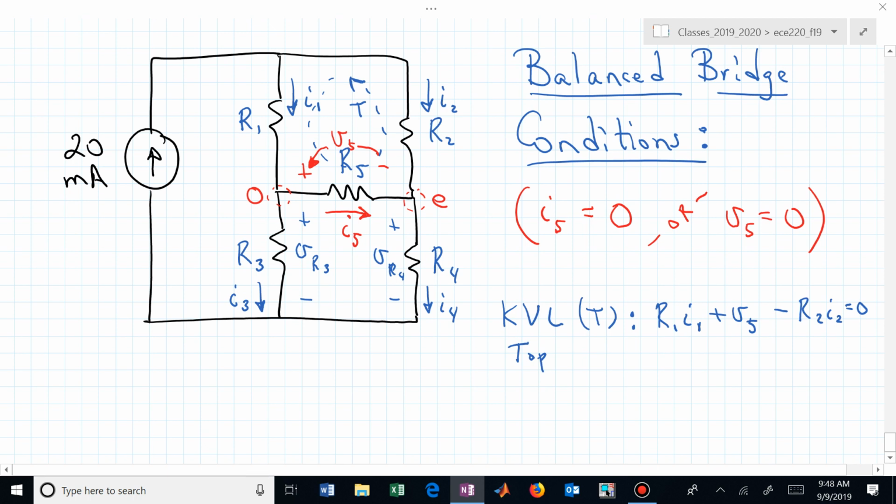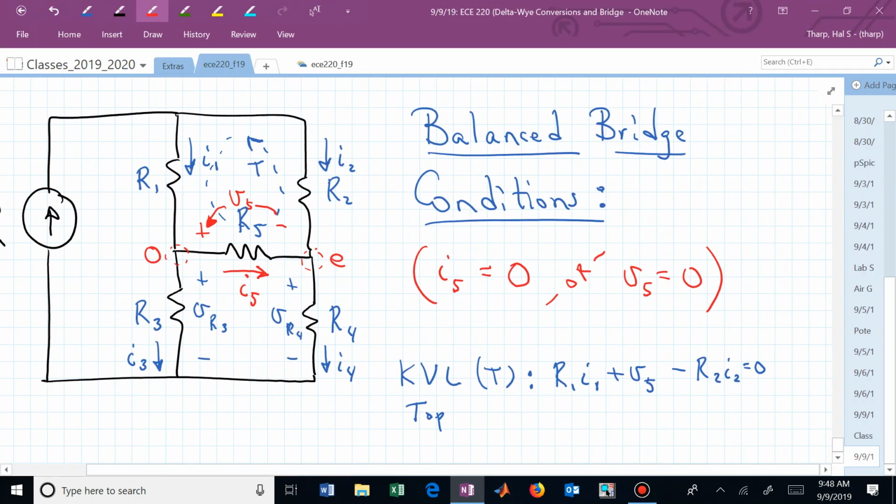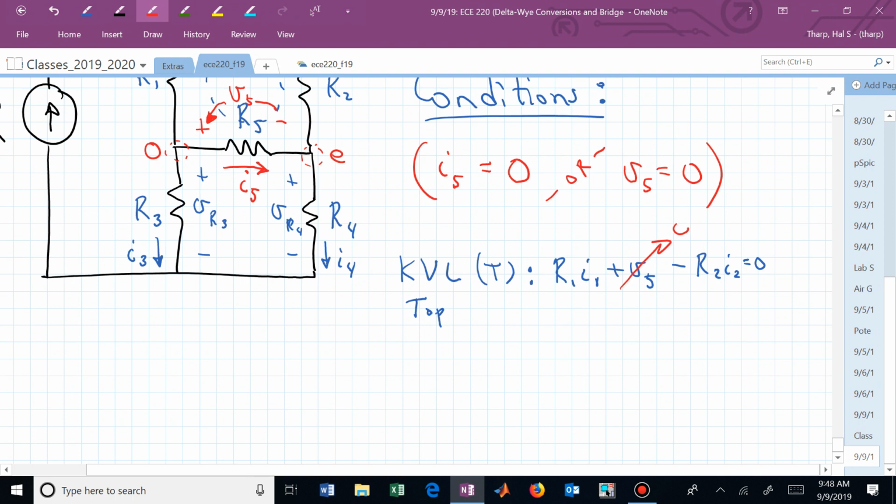And if our bridge is balanced, that's 0, and we're left with R1 I1 equaling R2 I2.